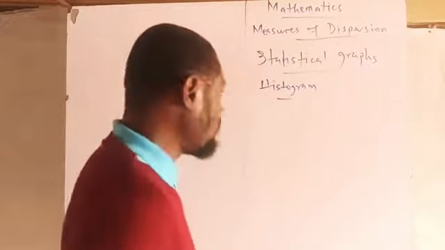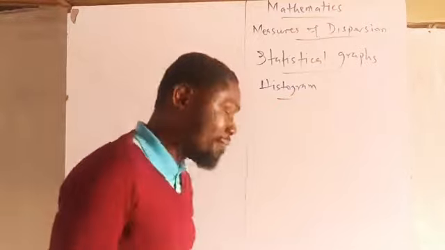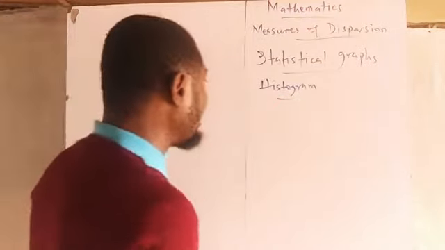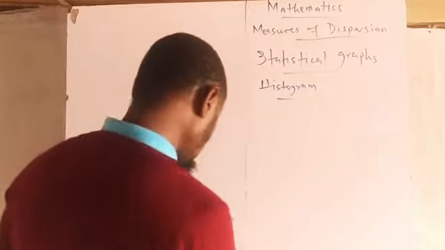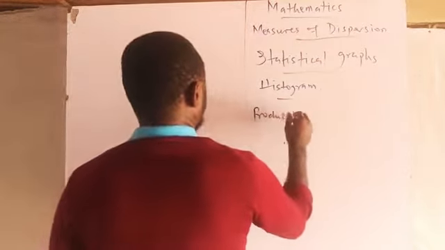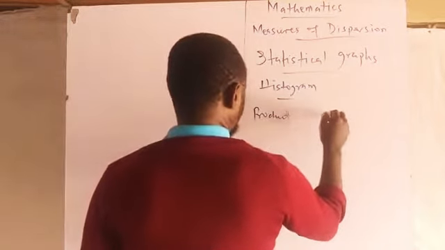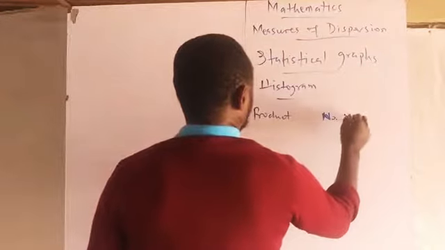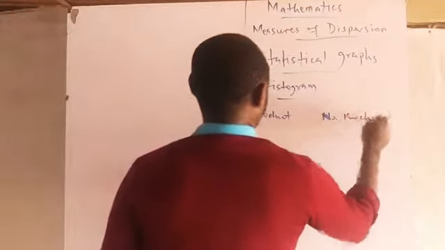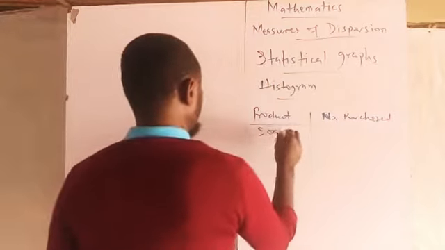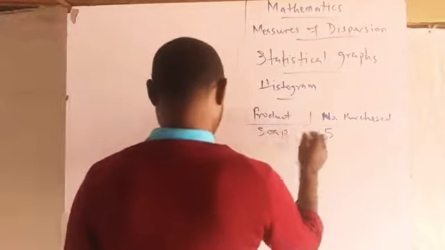Now let's see if we can deal with a similar example that we used in the previous class, still on the same soap, to draw the bars of that. We have the product, and the number purchased. We have soap, soap is 5.